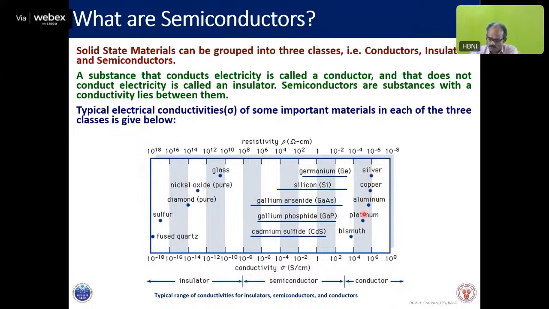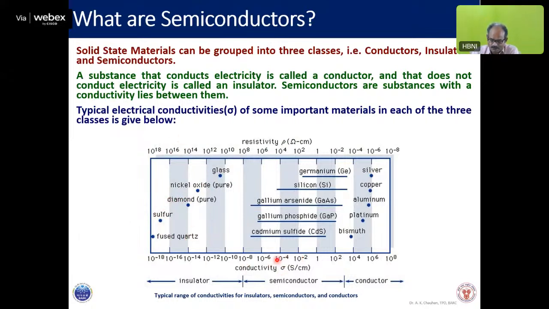Silver, copper, aluminium, platinum, we know how well they conduct electricity. And on this side, glass and some oxide materials, diamond, sulfur, quartz, are very good insulators.